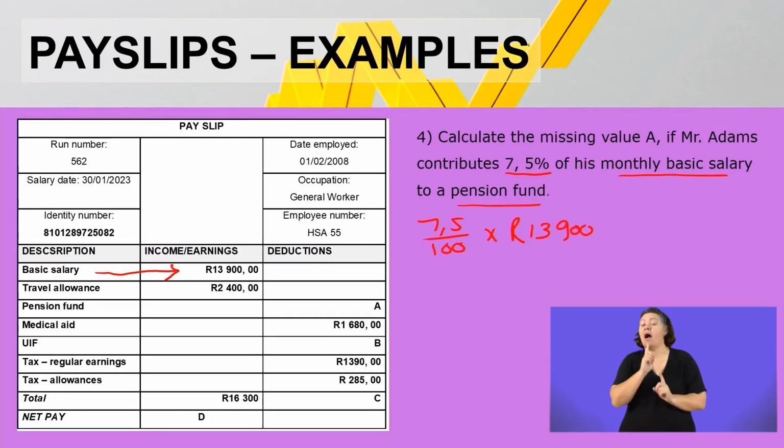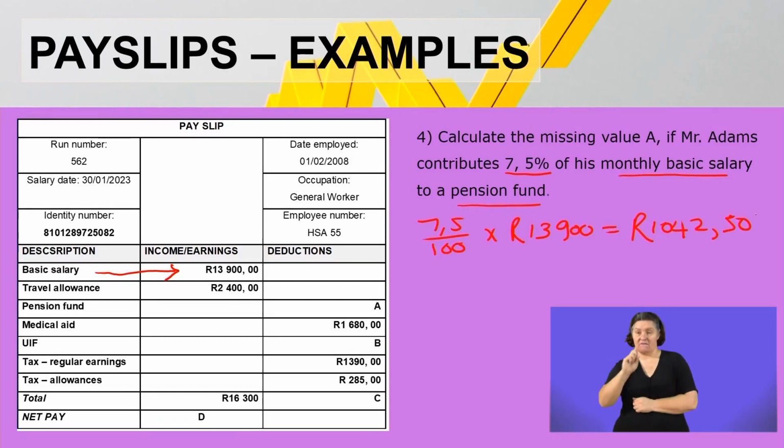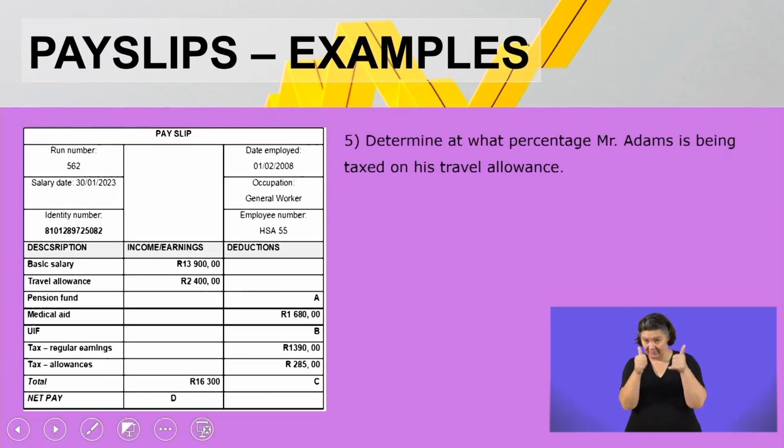So what do we get? If we type that in, 7.5 divided by 100, multiply by 13,900. So Mr. Adams is contributing every month 1,042 rand and 50 cents towards his pension fund. All right, I hope all is still fine. Please double check with me while doing this.